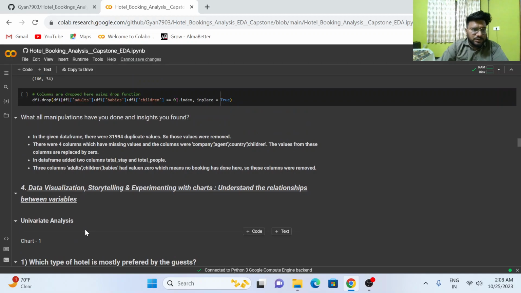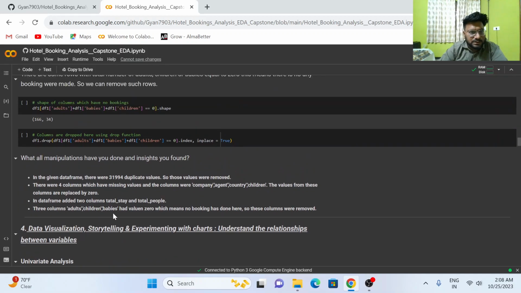So now we will start with data visualization, after all the manipulations. First, in the given data set there were 31994 duplicate values, so we removed those values, and there were 4 columns which were missing values: company, agent, children and country.